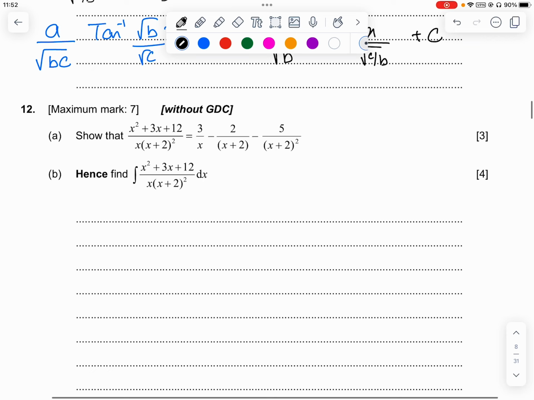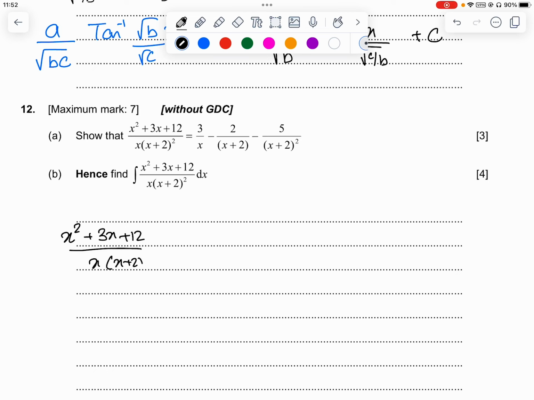Next question, question number 12. Show that both are equal. So what am I going to do? My left hand side is x square plus 3x plus 12 divided by x times (x plus 2) whole square. And the denominator also on the right hand side is x times (x plus 2) whole square, equals 3 times (x plus 2) whole square minus 2 times x times (x plus 2) minus 5 times x.